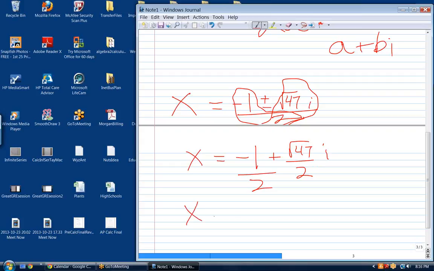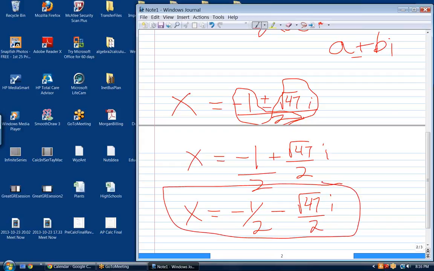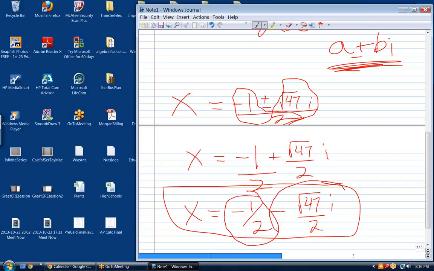That's one solution. The other solution is minus 1 half minus square root of 47 i over 2. Now that's in this format. In other words, here's the real part of the answer. Here's the imaginary part of the answer.